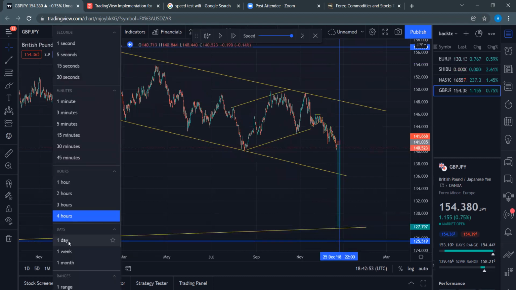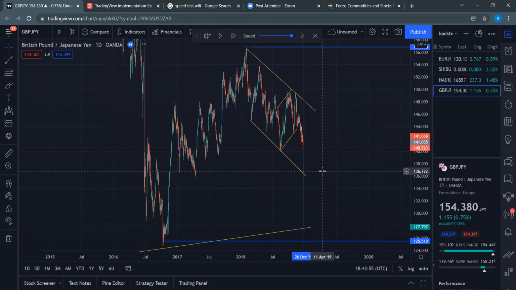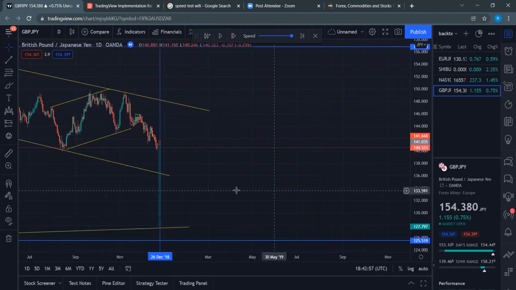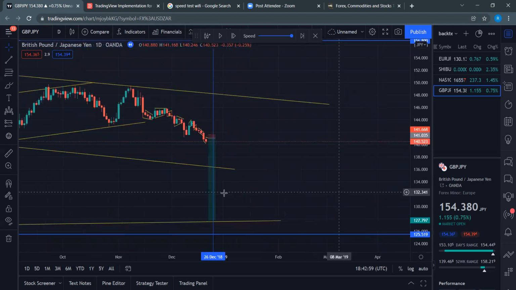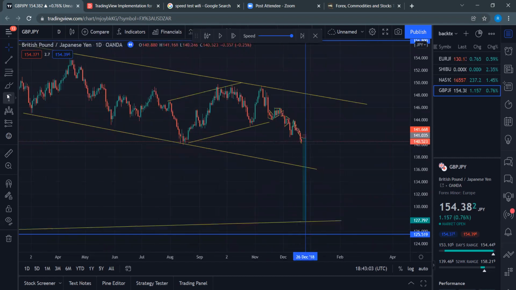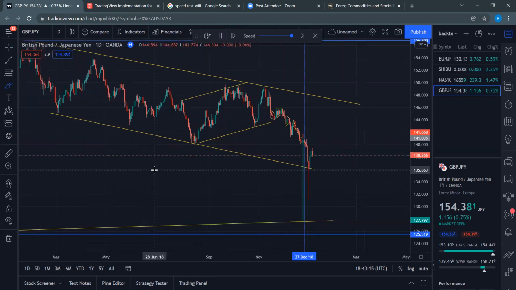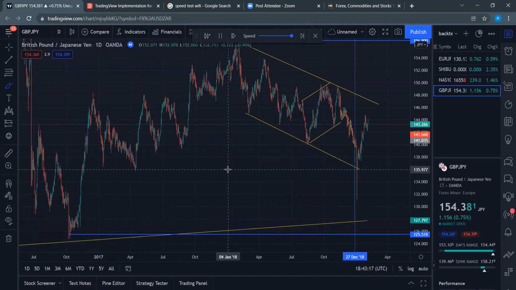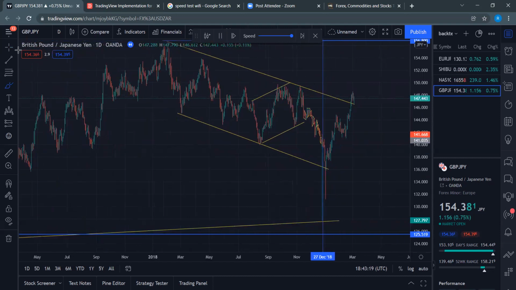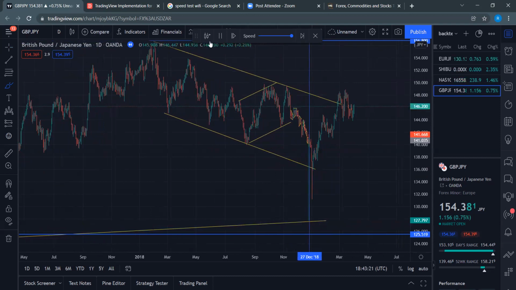Let me just go to the daily. So we also hope that the market would drop all the way to, if it breaks here and corrects, depending on how it moves. Depending on how the market moves at that point in time.